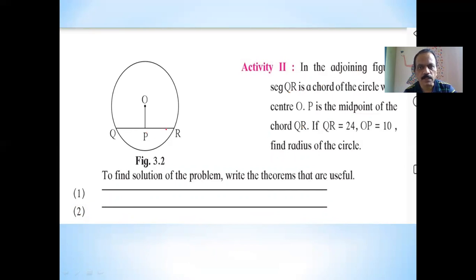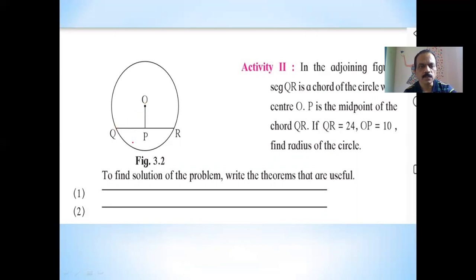The chord QR is given as QR is equal to 24, and OP is equal to 10, the perpendicular distance is also given. Then find the radius of the circle. So we first draw OQ.